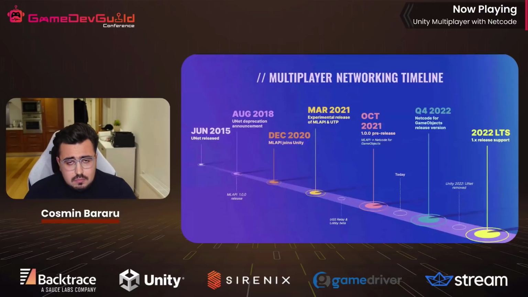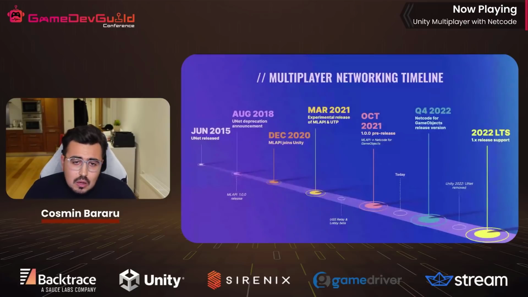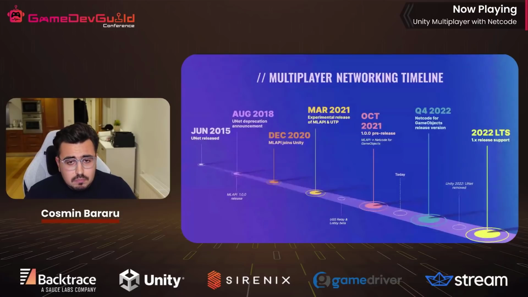Later in the year, with the release of our 2021.2 tech stream, after many more feature additions, improvements, and refactors to MLAPI, we announced its transition from experimental to pre-release, as well as the fact that we renamed it to Netcode for GameObjects. Now, I'm happy to say that since then, all the teams have worked on stabilizing and improving it, as well as listening closely to the feedback of our community.